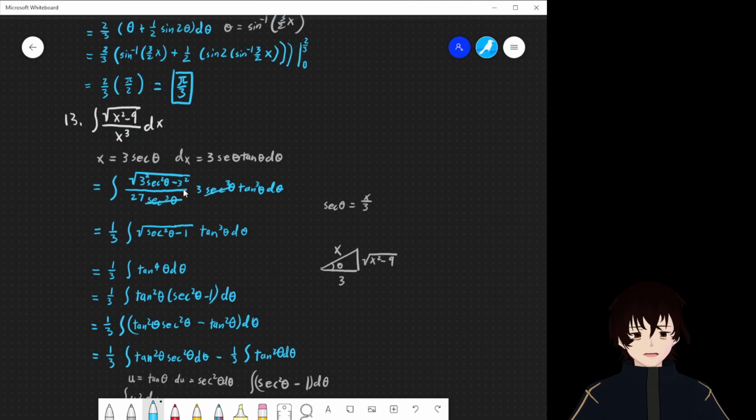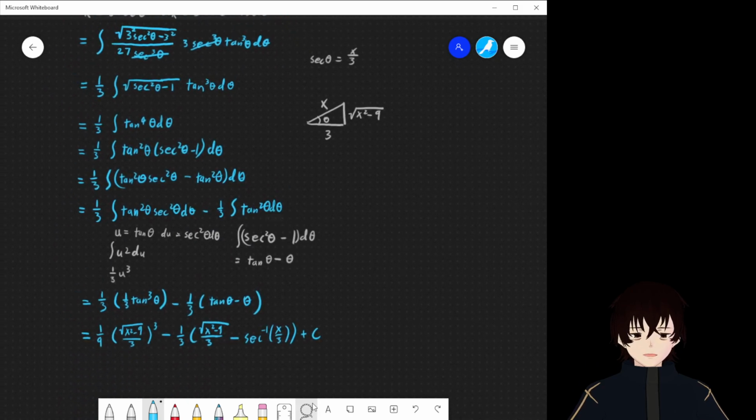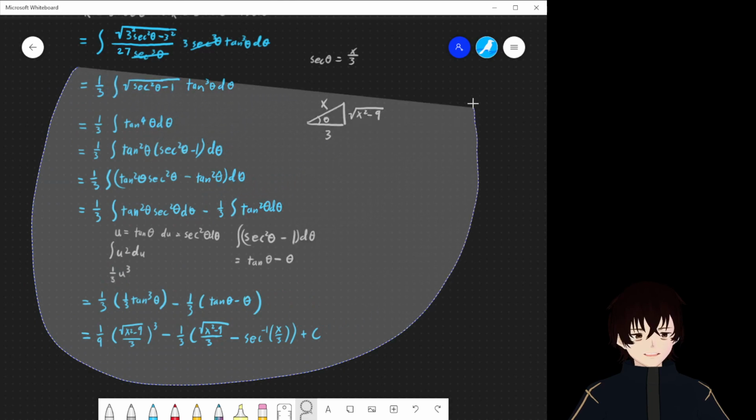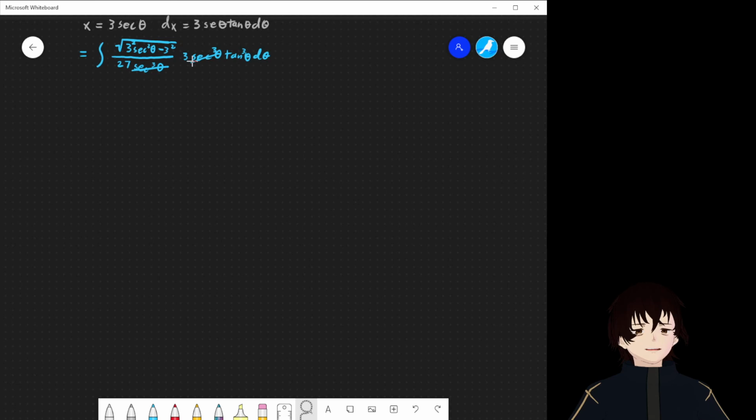Starting from the beginning, take out a 3. There's a 3. Wait. Oh wow. I made a mistake all the way at the very beginning of the question. So now this entire part is screwed, because I made a mistake right here.